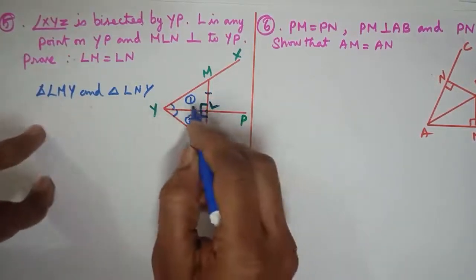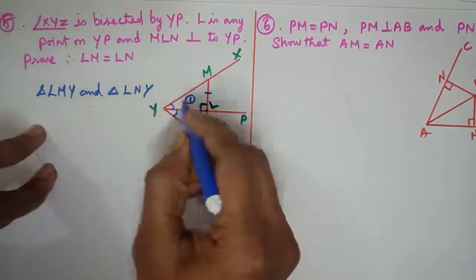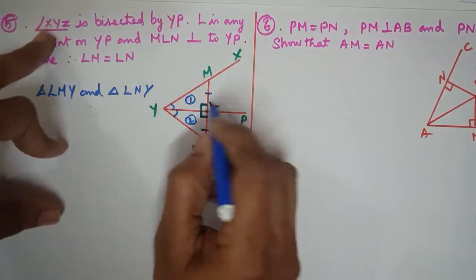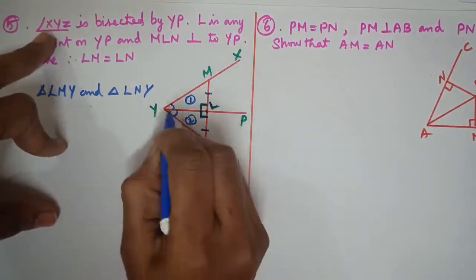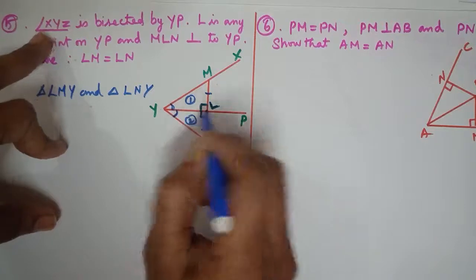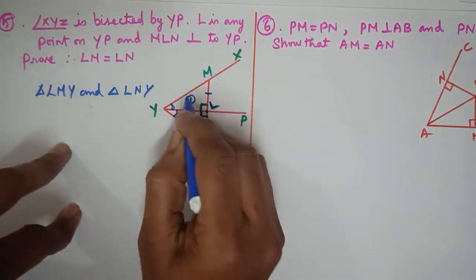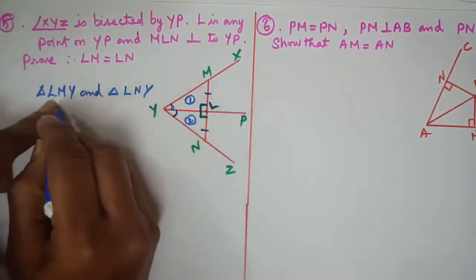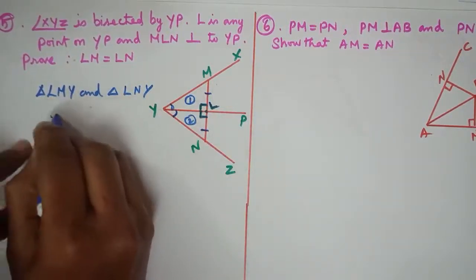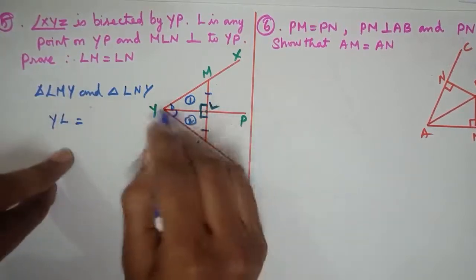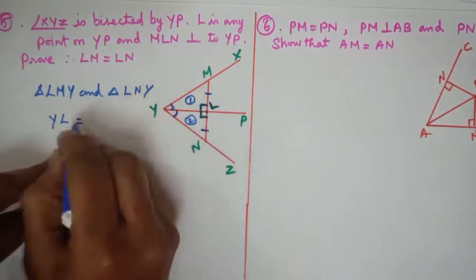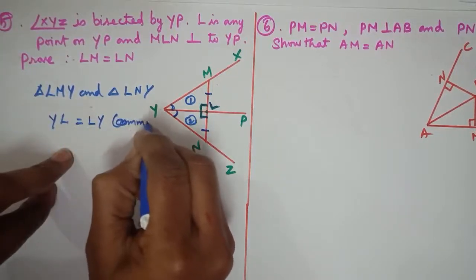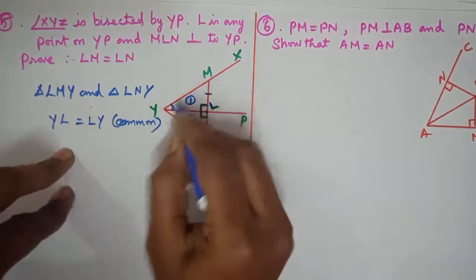Okay students, so from these two triangles we can say angle XYZ is bisected by YP. That means this angle is equal to this angle. Is it clear? From these two triangles we can say YL is equal to LY, because it is a common side.